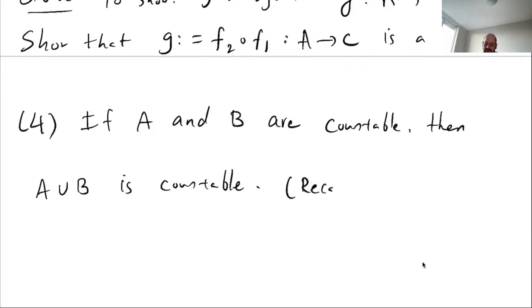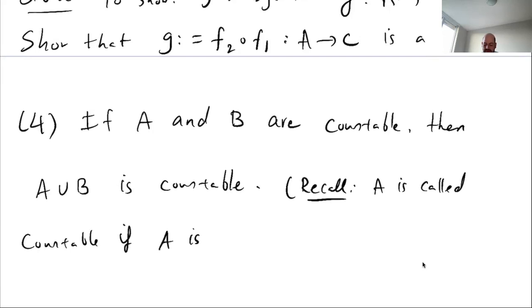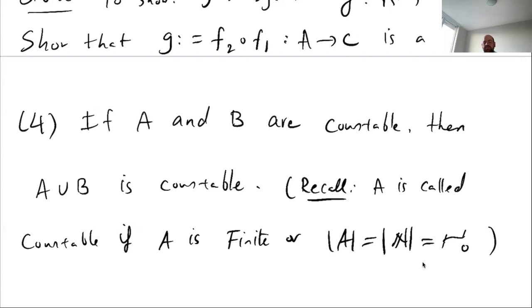So recall, A is called countable if A is finite or cardinality A equals cardinality of natural numbers, which we called Aleph naught. Countable set means a set which is either finite or it has the cardinality of natural numbers.